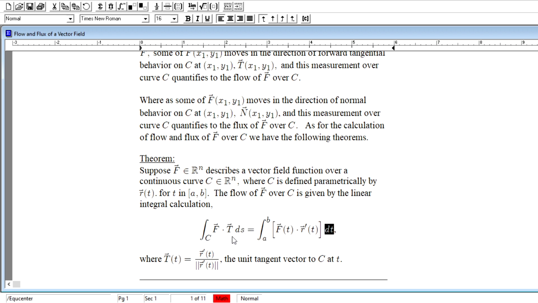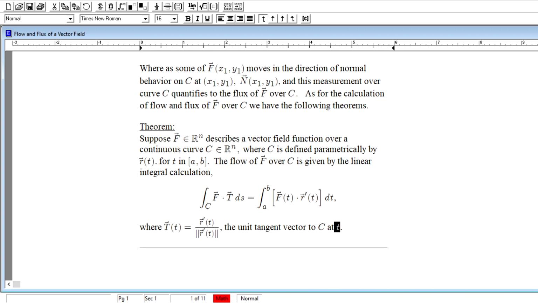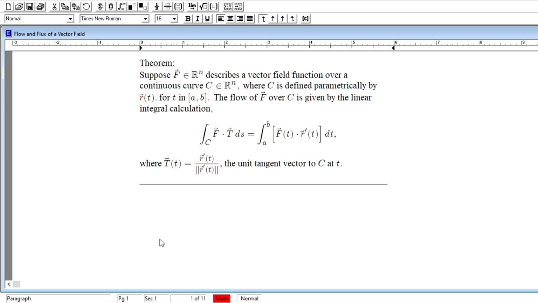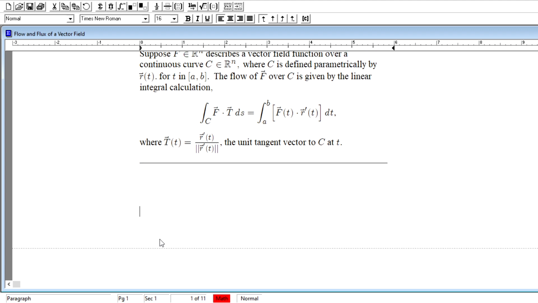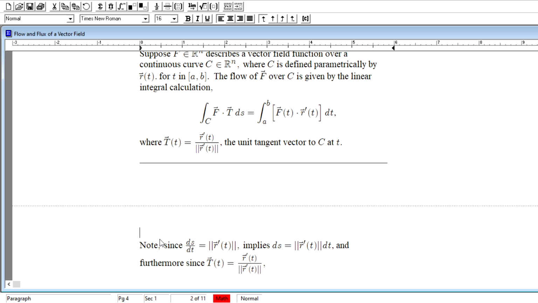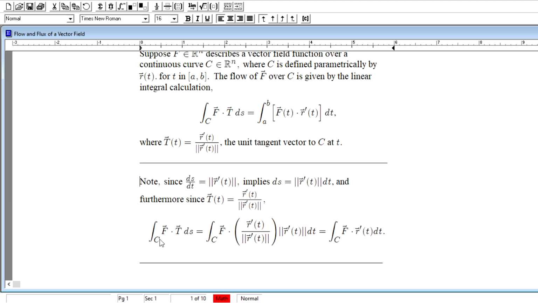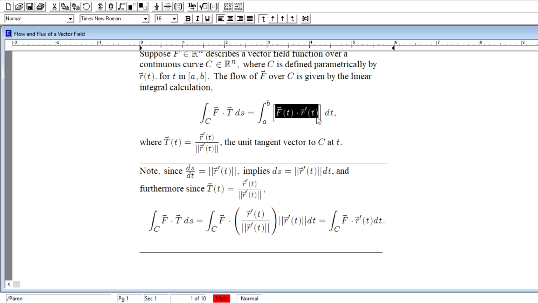Now, in this understanding, this vector T bar is what we call the unit tangent vector to the curve C at the value of the parameter little t. And note, with a little bit of theory, we can show that this calculation is true, this dot product in terms of t given here, by noting that ds/dt is equal to the magnitude of r bar prime of t, which implies ds is equal to the magnitude of r bar prime of t dt.